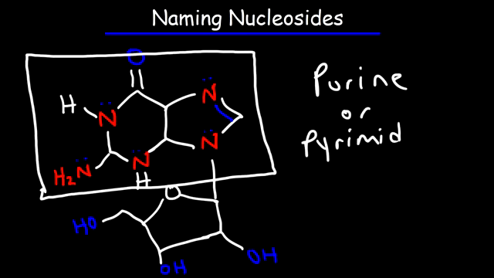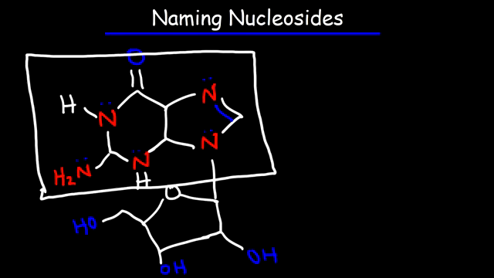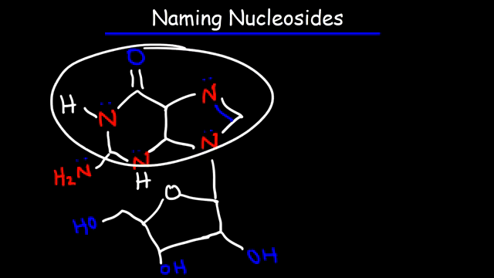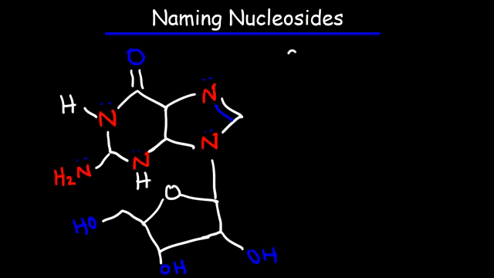Now if you recall, pyrimidines are nitrogenous bases that have only one ring. So because this is a two-ring nitrogenous base, we have a purine. Now there's two purines you need to be familiar with, and that's adenine and guanine. So which one is this? Is this adenine or guanine? So this particular nitrogenous base is called guanine.